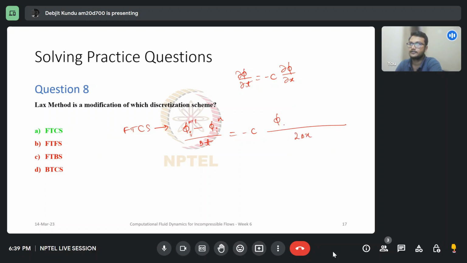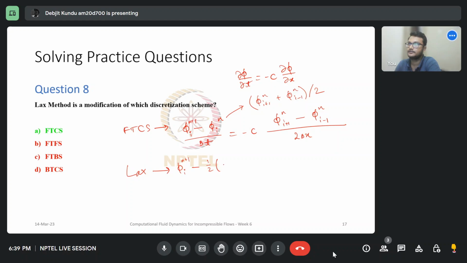So we will take phi I plus 1 minus phi I minus 1, both at the nth time level. This gives us the FTCS scheme. Now what Lax method does is, in Lax method, this term is replaced by the average of these two. So at the ith point, I'll take the average of its two neighbors.